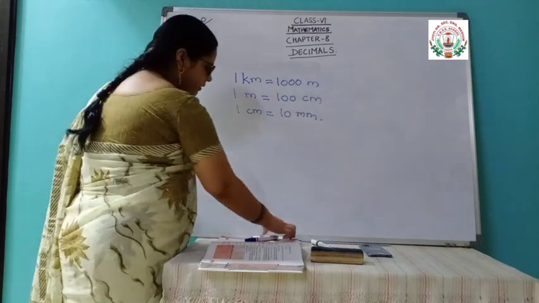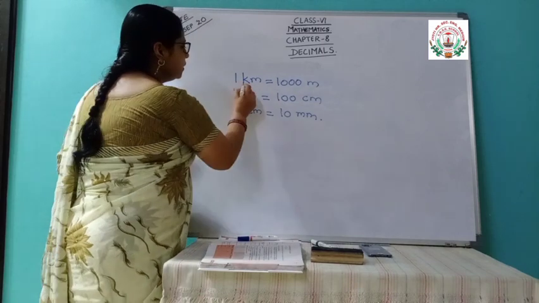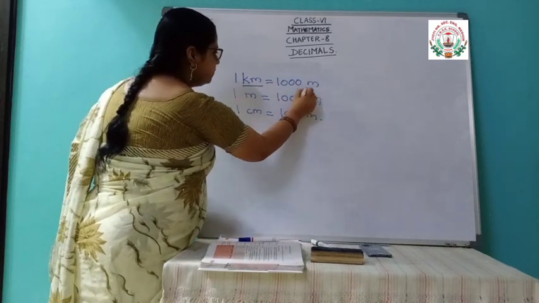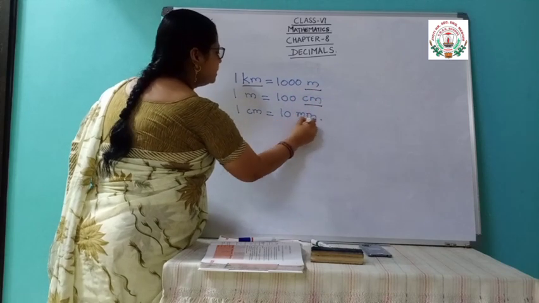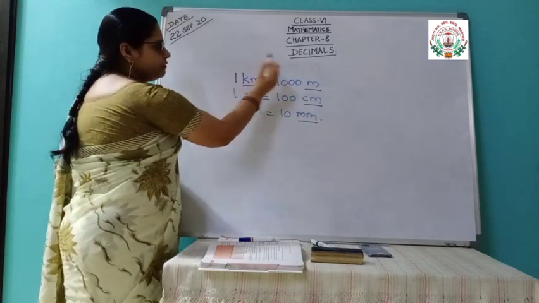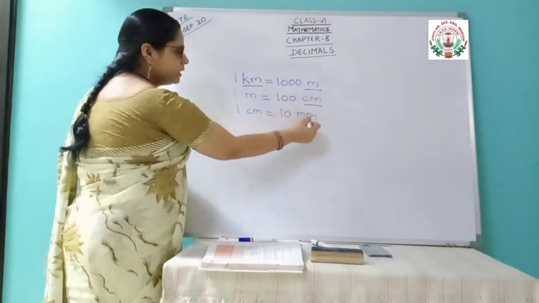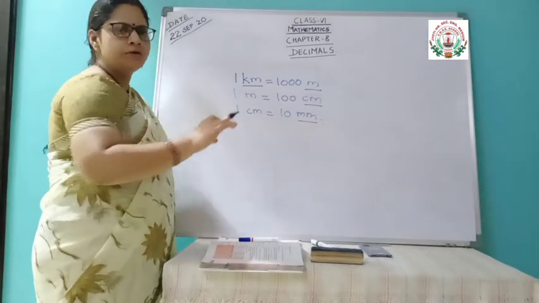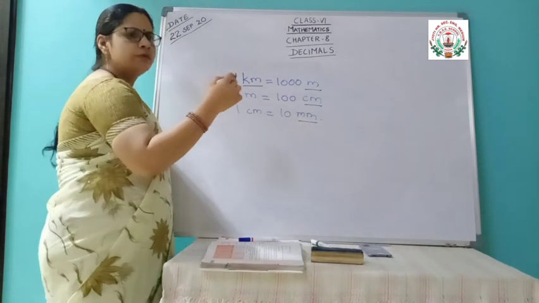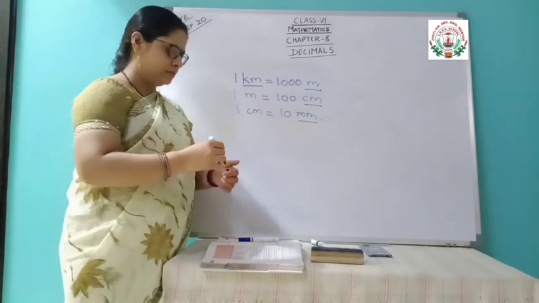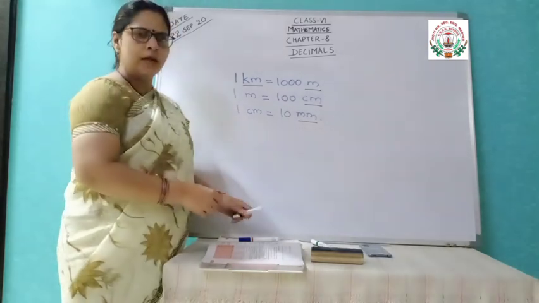Learn that order first, and then 1000, 100 and 10, where one zero becomes less each time.